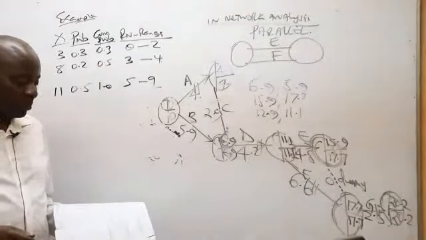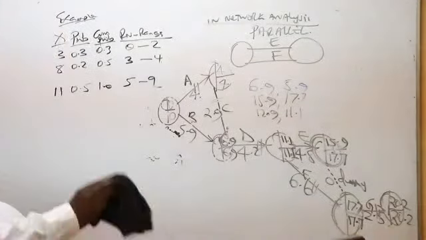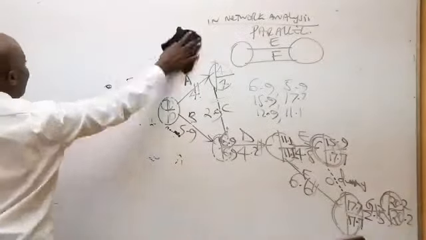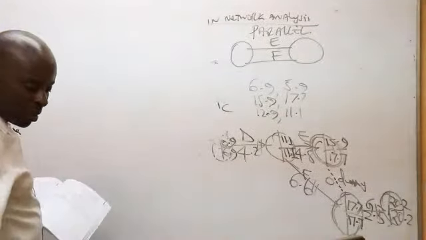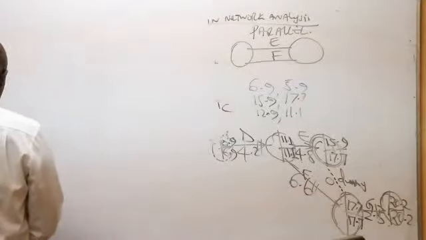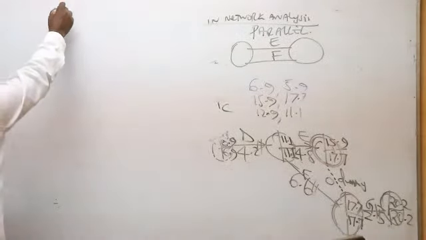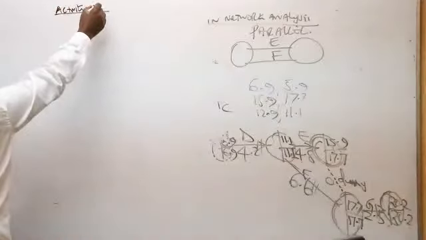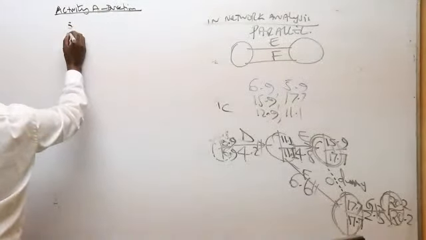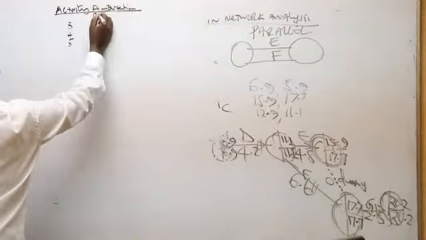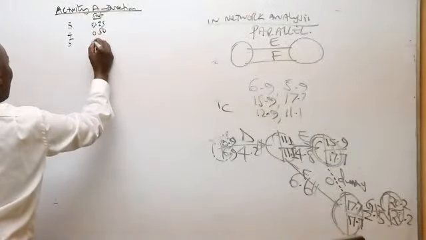So we start with activity A. Activity A durations could either be 3, 4, or 5, and the probabilities are 0.25, 0.50, 0.25.